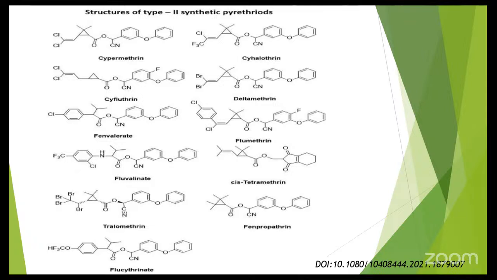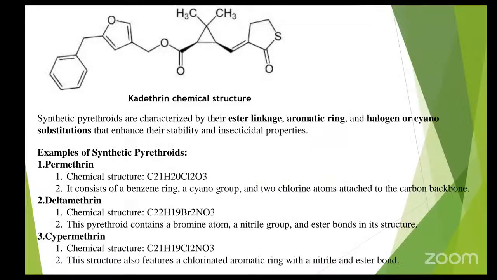Introduction of an alpha cyano substituent in permethrin yielded cypermethrin. When esterified with dibromovinyl cyclopropane carboxylic acid, it resulted in an extremely effective molecule called deltamethrin. So that is how smaller changes in the structure lead to newer compounds. That's what we're dealing with here.